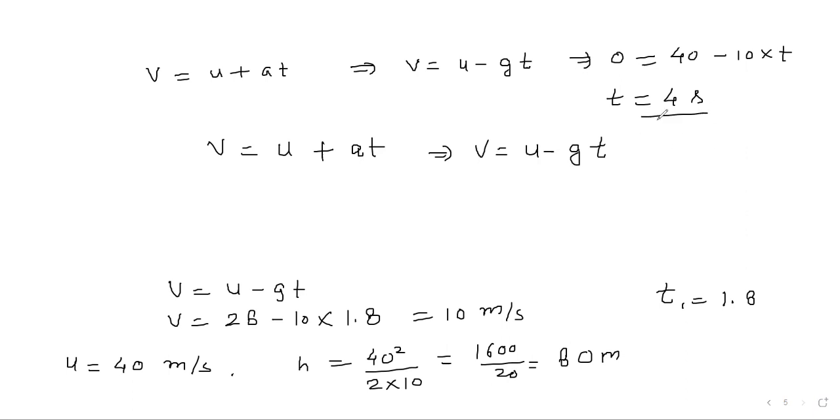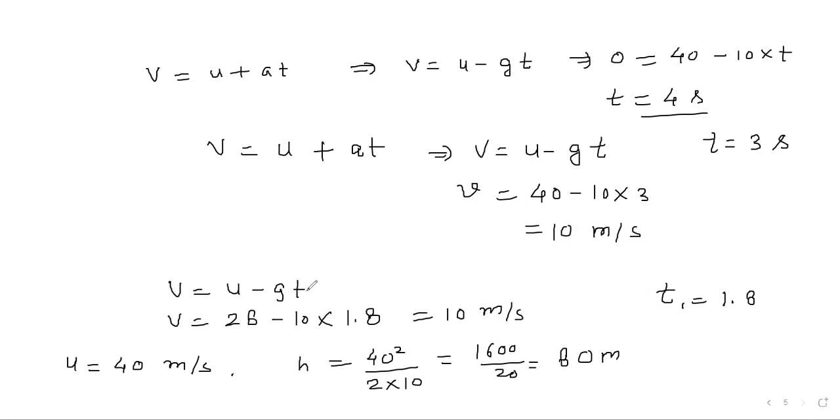Here time should be taken 1 second less. So t equal to 3 seconds. And now v equal to u minus gt, in this case u was 40 and g is 10 into 3. That is 10 meter per second.